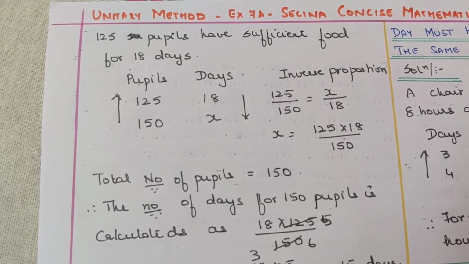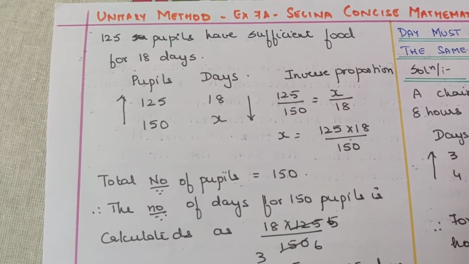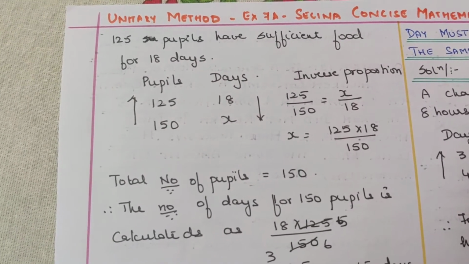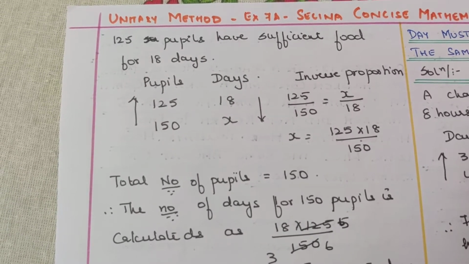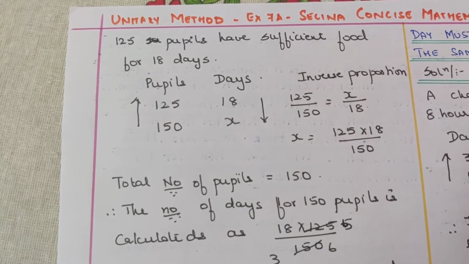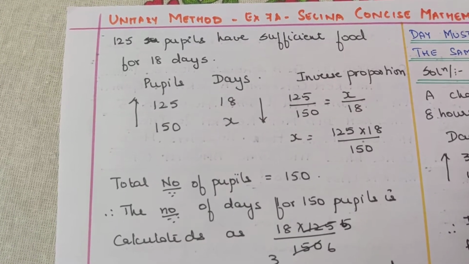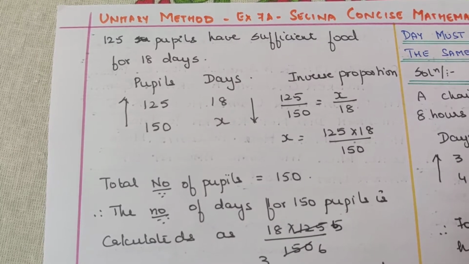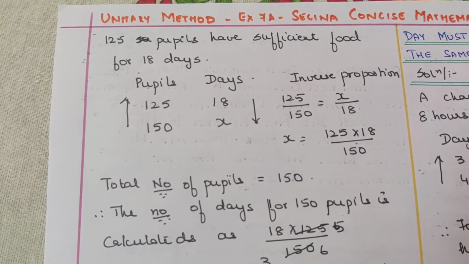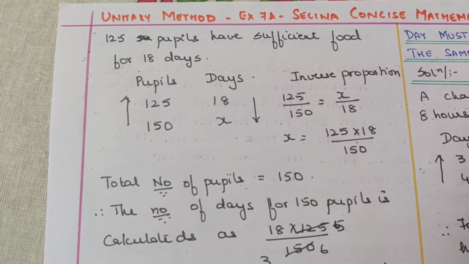So that becomes X. If the number of pupils increases, the number of days will decrease. I've already told in my other video, if one item increases and the other item decreases, then this becomes an inverse proportion. So you just write 125 by 150 as it is and you just reciprocate X, that is equal to X by 18.